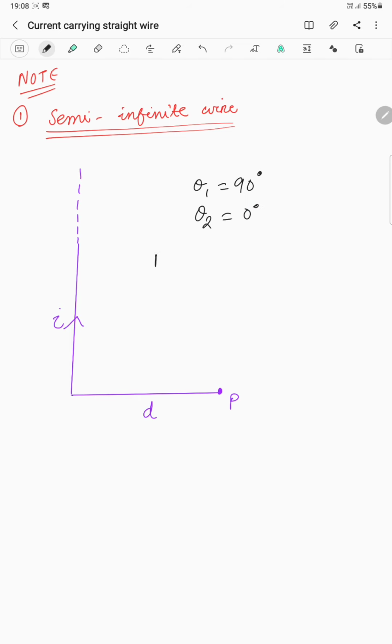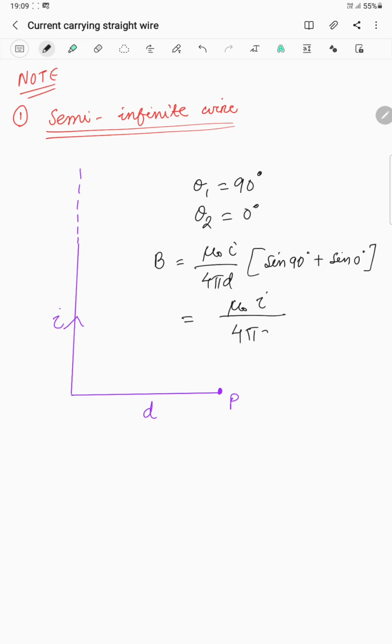If I put the values, B will be equal to mu naught I divided by 4 pi d, sine 90 plus sine 0. Okay, so this gives me mu naught I divided by 4 pi d. Followed? So this is the magnetic field due to a semi-infinite wire.